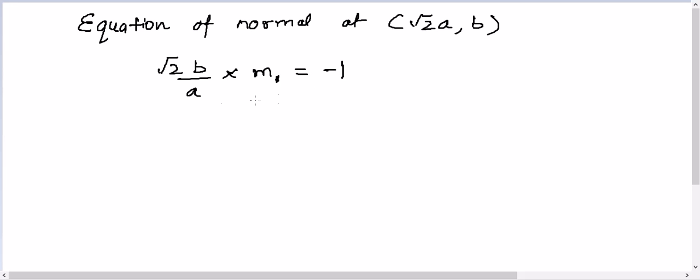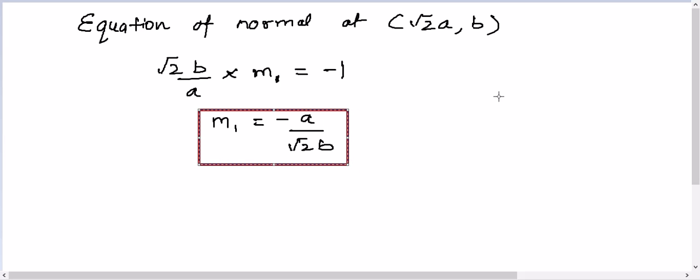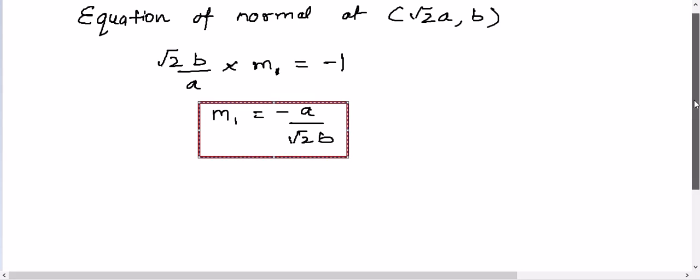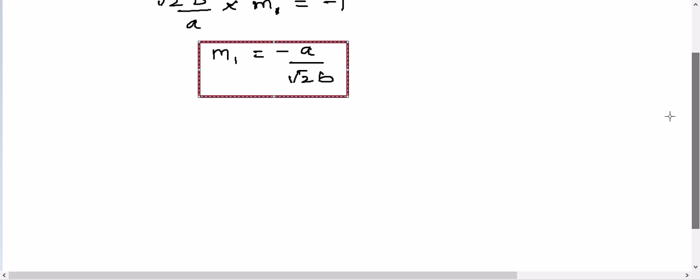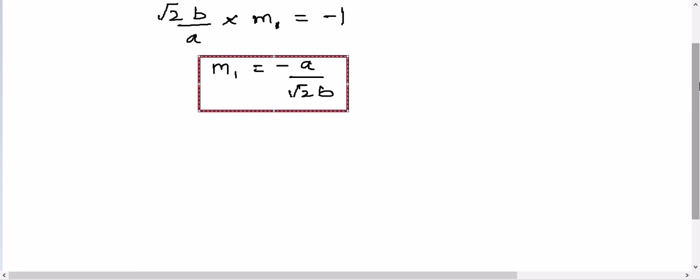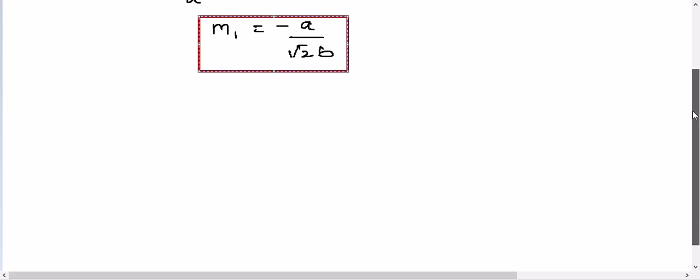Their product will be -1, so m1 will be minus a by root 2b. This is our slope for normal. I'll repeat it again: the product of the slopes of perpendicular lines is -1, so we multiplied both slopes and found the slope for our normal.